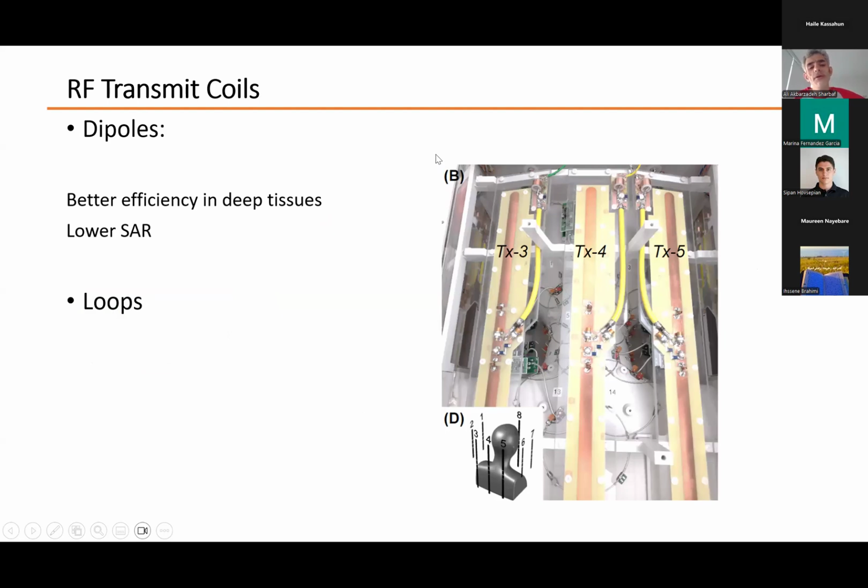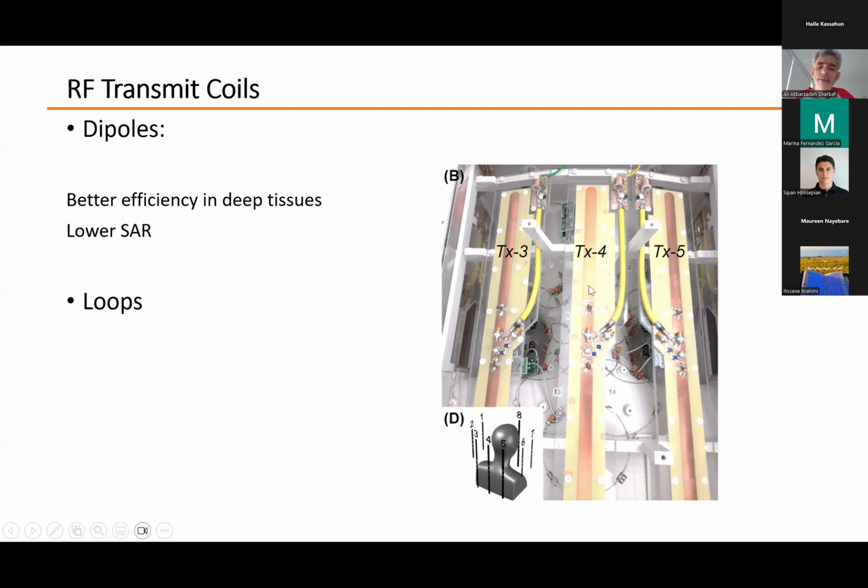The other common transmit coil is the dipole array. A dipole is a straight wire like this. In the middle, the input signal is injected, and it has two lengths going up and down. And here there are 8 dipoles around the subject, generating a circularly polarized B1 field around the head of the subject.